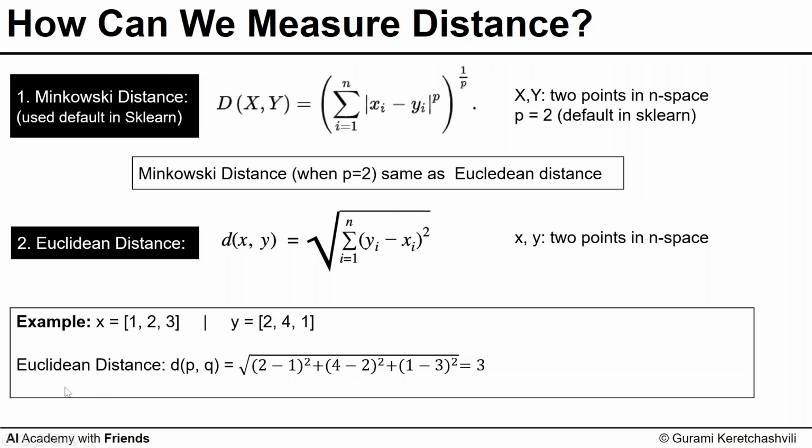To calculate the Euclidean distance, we can just use the above-mentioned formula and insert our values: 2 minus 1 squared plus 4 minus 2 squared plus 1 minus 3 squared, and the square root of this. As you can see, it results in 3. So the distance between x and y points is 3. This is how we calculate the distance between two data points.